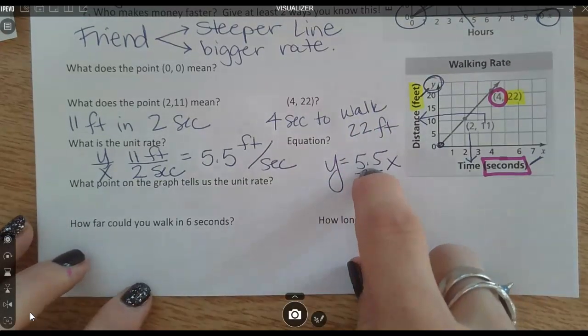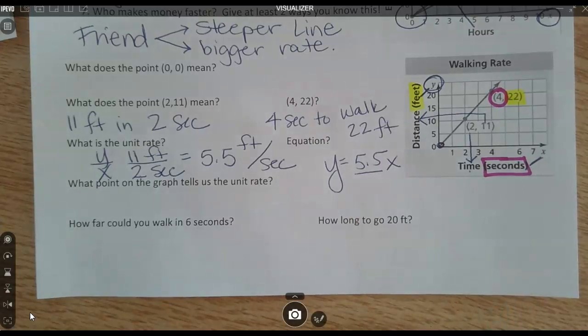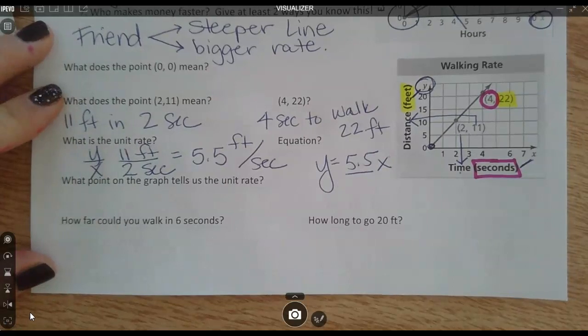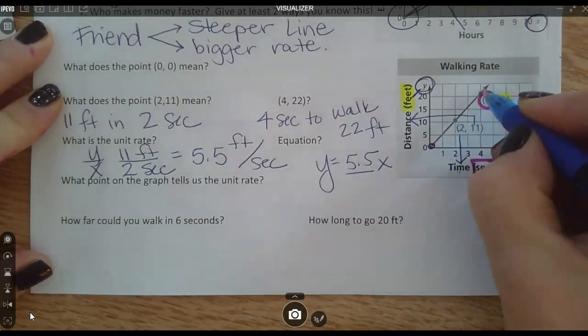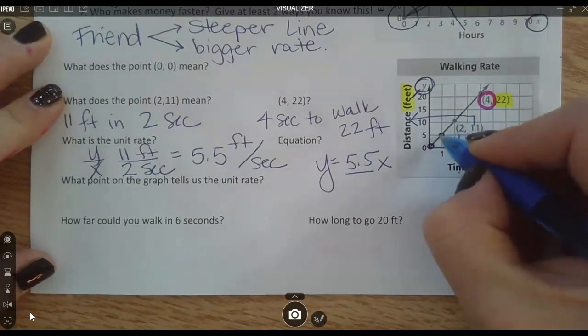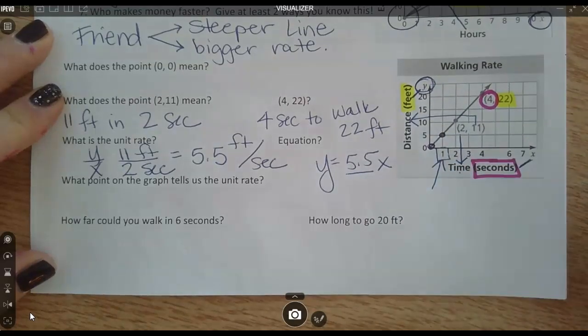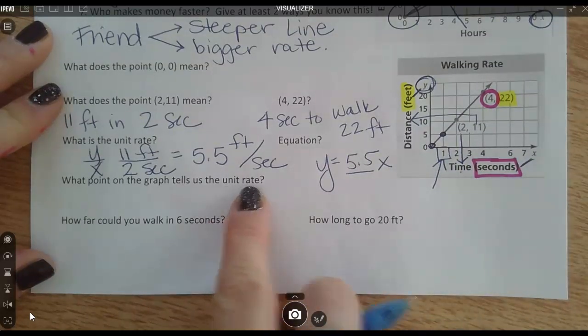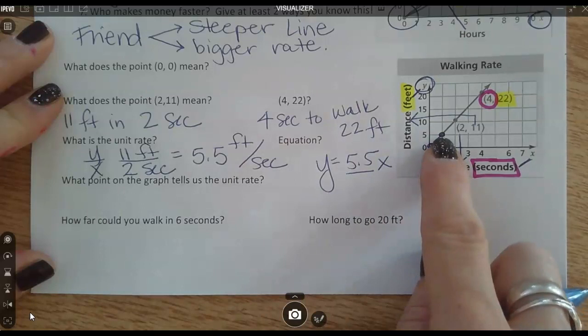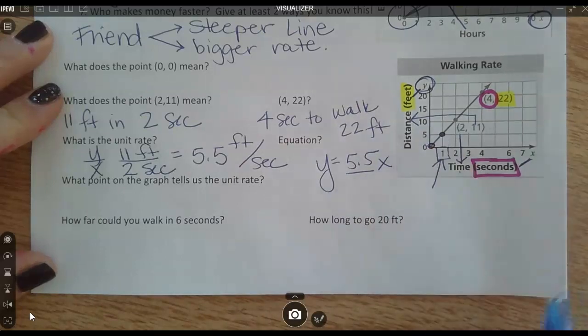Okay. This next part says what point on the graph tells us the unit rate. It is not labeled here, but what you need to recognize is that the unit rate is for 1, right? In 1 second, how far did I go? Well, that unit rate is going to show up in 1 second. I've gone 5.5 feet.